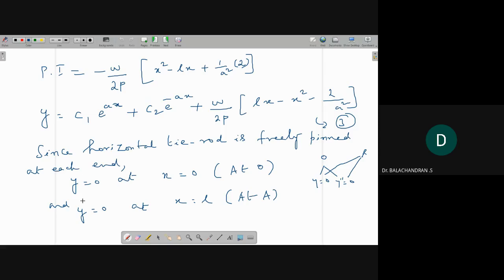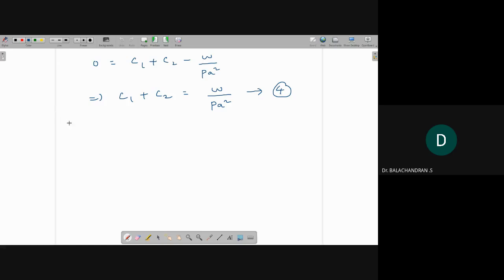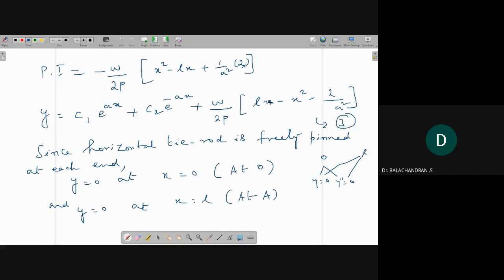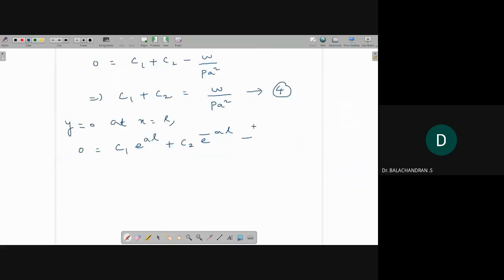Similarly, you can get y equal to 0 at x is equal to L. So if you apply this condition, y equal to 0 at x is equal to L, in equation 3, I am going to write y equal to 0 at x is equal to L. So 0 equal to C1 into e power AL plus C2 into e power minus AL minus L square minus L square is 0, so minus 2 gets cancelled, minus omega by p a square.